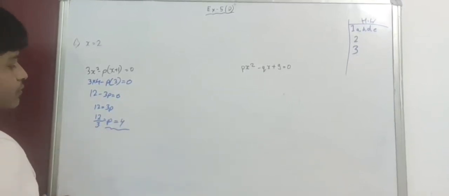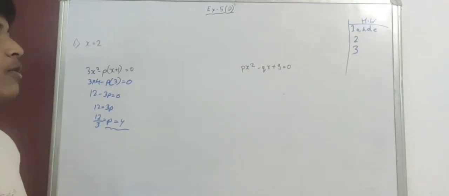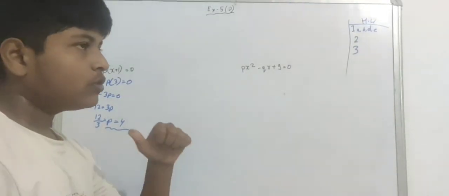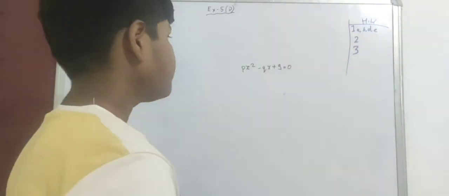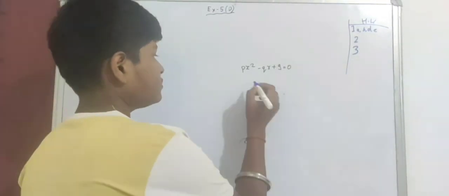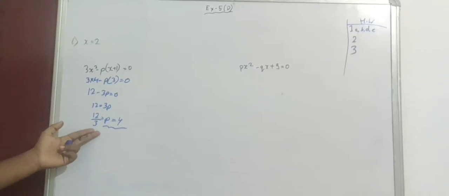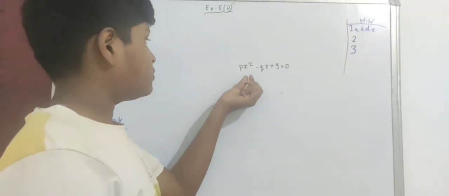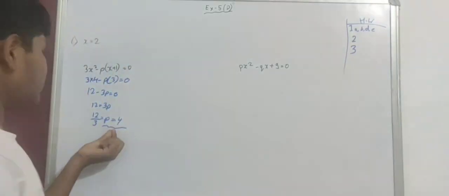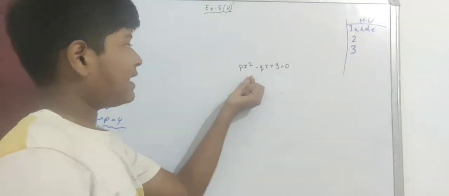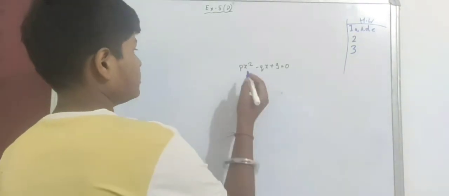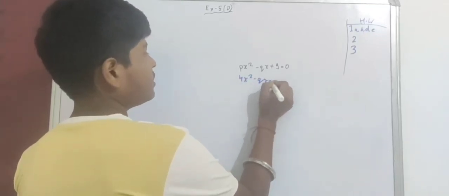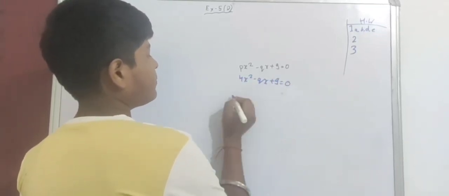The value is 4. Here without using the formula of discriminant, we have the answer. So here we also do not have to use the formula of discriminant because we do not need it. So p is equal to 4 for this part. But for this, you have to use the value of 4 for p and x to find q. So we have 4x square minus qx plus 9 is equal to 0.